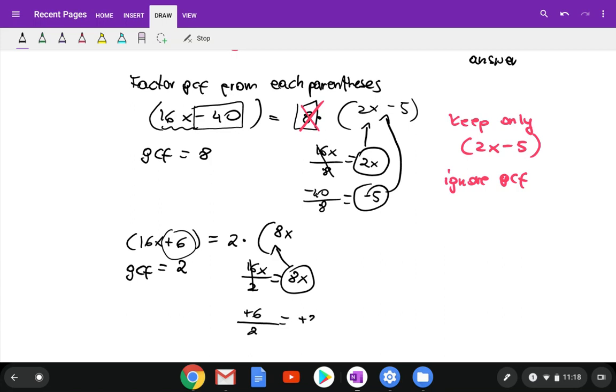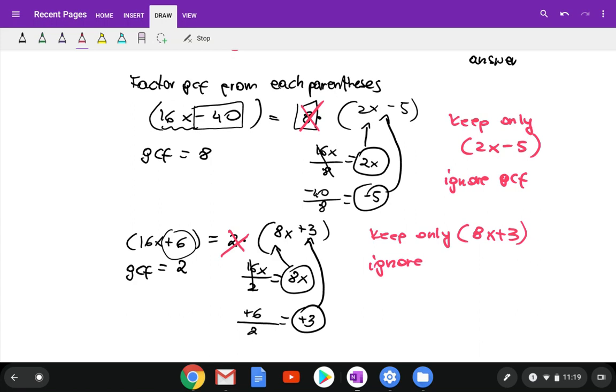You end up with positive 3. That's why in the parentheses you have plus 3. And the same thing, keep only 8x plus 3. Skip it, ignore the GCF. So that's the algorithm. So this is what we're going to rewrite: 2x minus 5 times 8x plus 3. Okay, so that's what we keep.